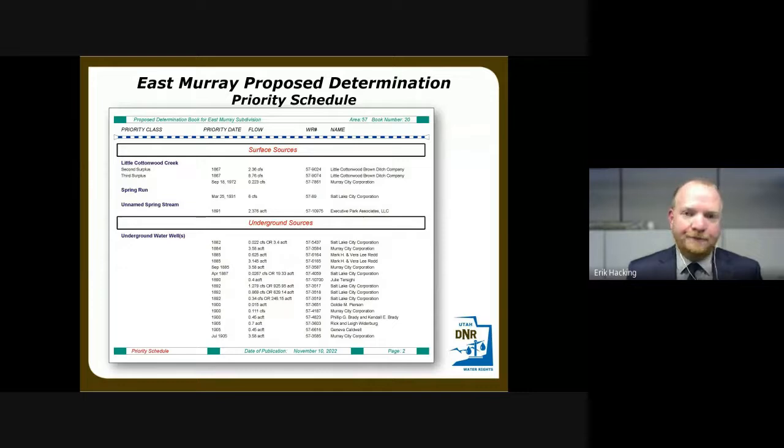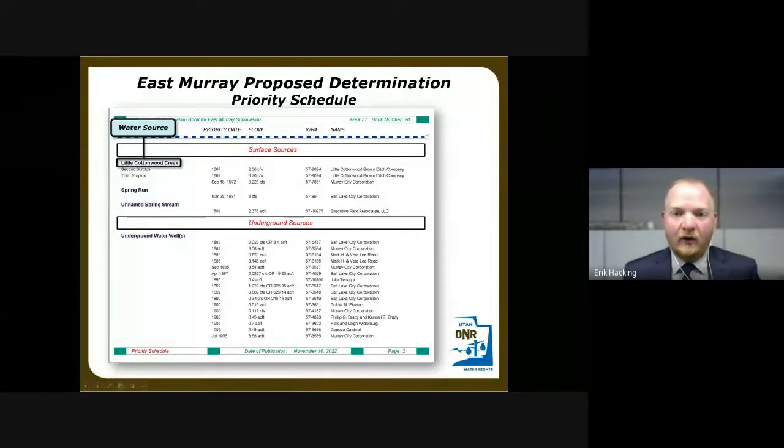Now, there's a couple of important things to look out for on this page. One thing, the source for the water of any surface sources is listed over here. Now, for the East Murray book, the vast majority of these rights ended up being underground water wells. So the surface source isn't going to apply to too many rights, but nevertheless, the source is listed there.